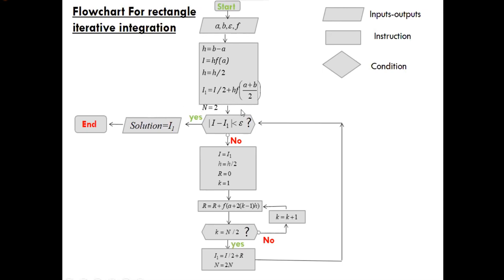Right, and then when I minus I1 is inferior to epsilon, I print the solution. Now I modify this, because this is true, but it is better that this condition is up here before this r plus. This is just a for loop, for k equals 1 till n over 2, and you make this sum.